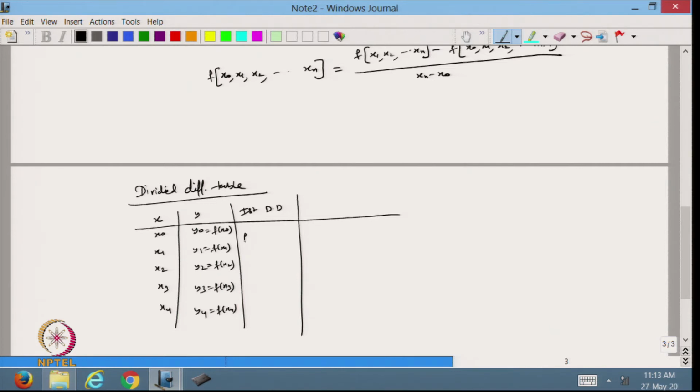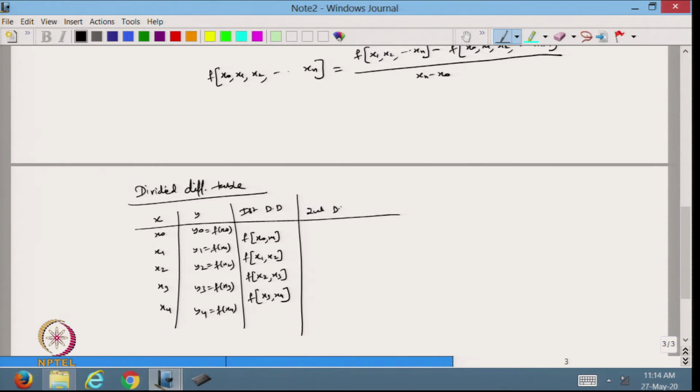So from here I will get x0, x1, the first divided difference, x1, x2, x2, x3, x3, x4. So this is the first one.